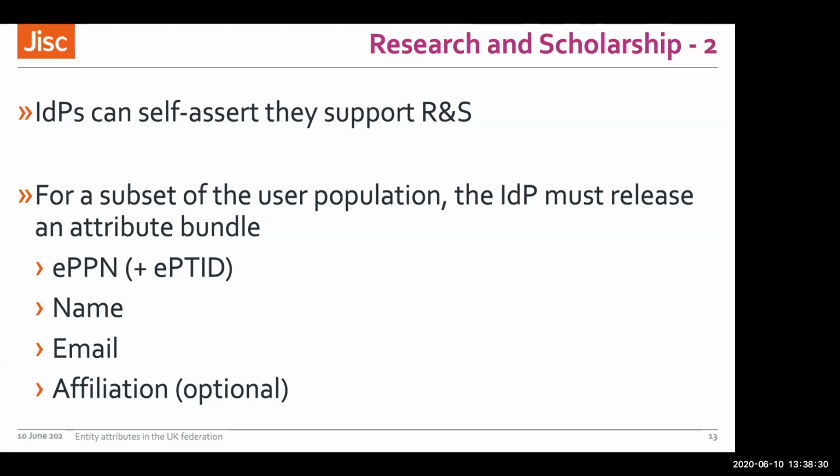I think one of the things that research and scholarship says in the spec is that if you would require particular values, they should be in the requested attribute. No, sorry, pardon me, that's the code of conduct one. I guess if research and scholarship SP as well as code of conduct is in there, you could probably answer that question, but no one does.